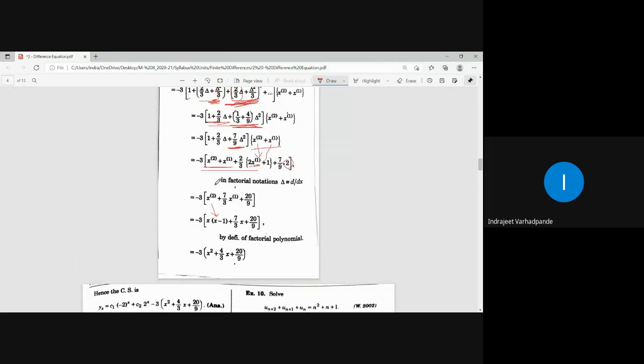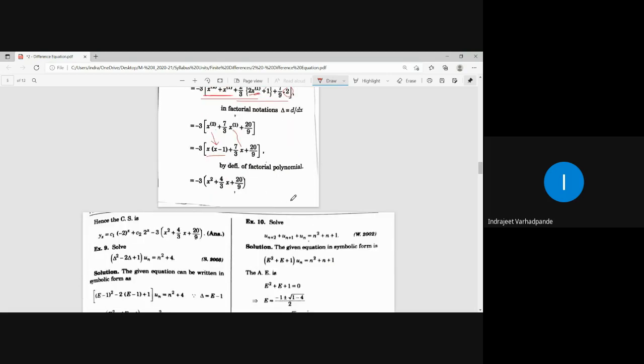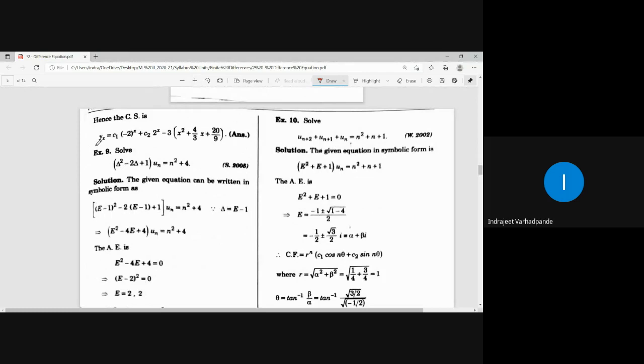So here you have written as it is, open the bracket, x to the power 1 is written simply as x, x to the power 2 factorial is written as x into x minus 1. You get the answer for that. Clear? So this was one of the examples related to case number 3. The complete general solution is y of x is equal to c1 into minus 2 to the power x plus c2 into 2 to the power x minus 3 into so and so.